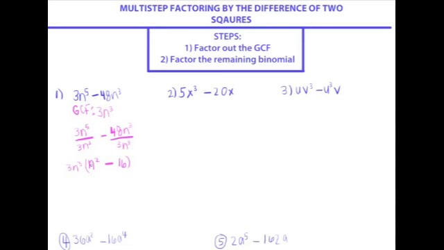And so now what I can do is look at this parenthesis, n squared minus 16. We learned how to factor that yesterday, remember? So it ends up being two parentheses, two things that multiply to get n squared, which is n and n. For 16, two numbers that multiply together to get 16 are 4 and 4.